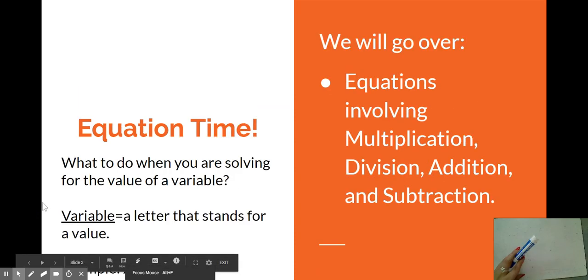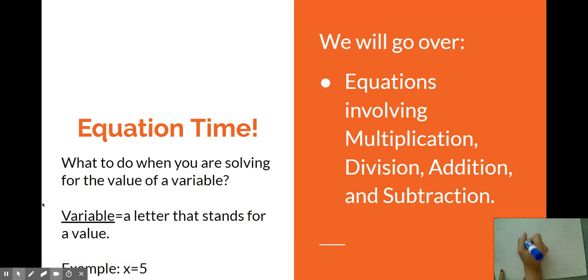All right, the next thing we're going to talk about are equations. So if I tell you that a variable, we have the definition up there, it's a letter that stands for a value. So if I said that x equals 5, that means that x is a letter and it stands for the number 5.